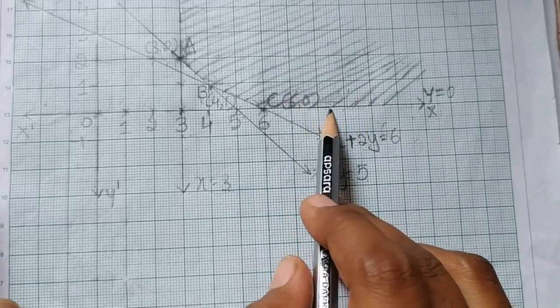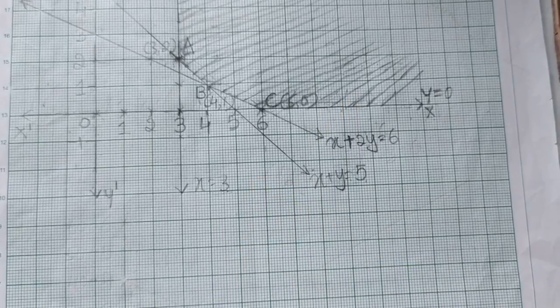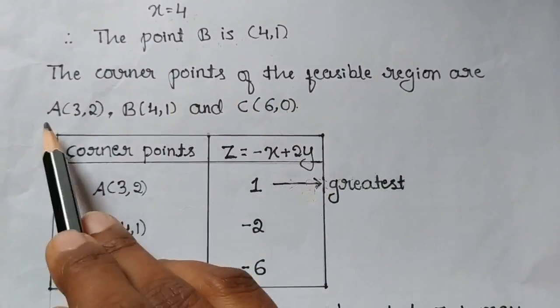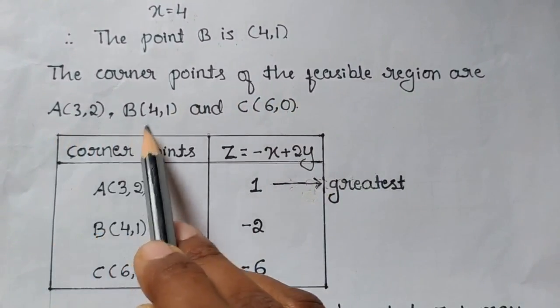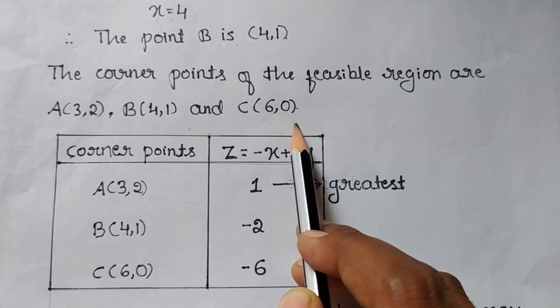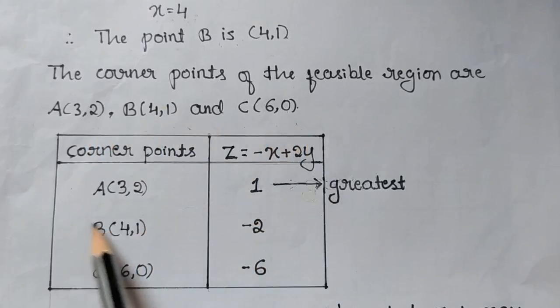Now, what is the next step? We write the corner points of the feasible region are A of 3, 2, B of 4, 1 and C of 6, 0. Then the next step is to evaluate the value of Z at these corner points. So draw the table.